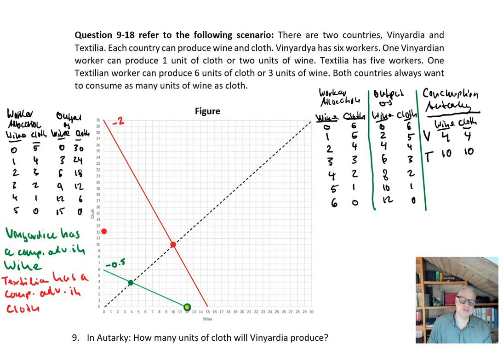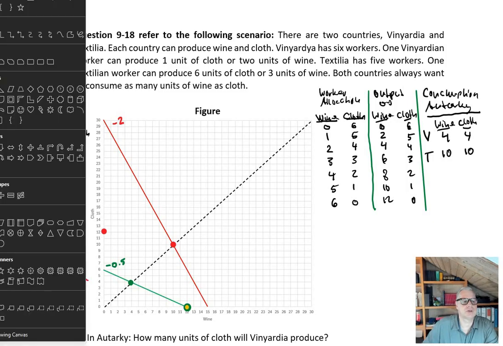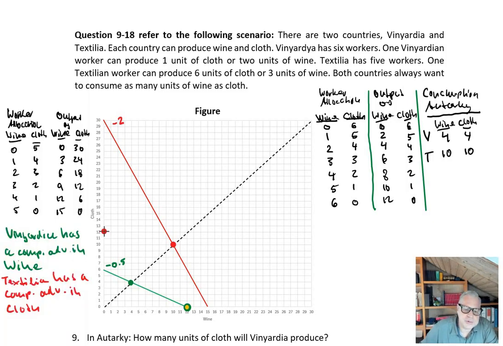So only 2 workers are employed so far, and 3 are still available. We tell those remaining workers, you have to produce equal numbers of wine and cloth. So insert shape. We can think there is another 45-degree line here.